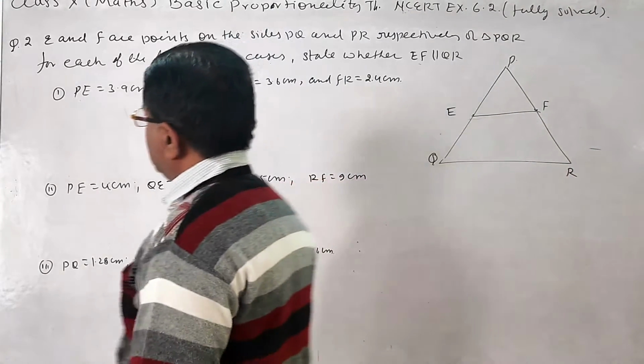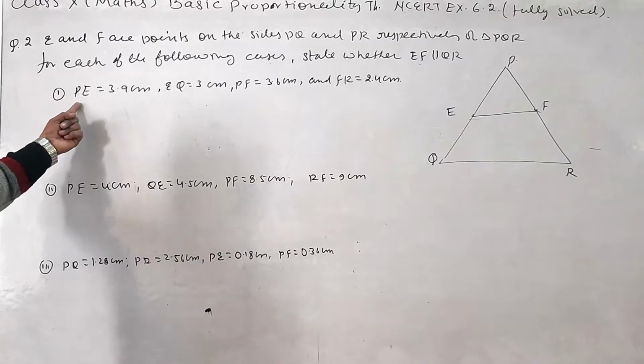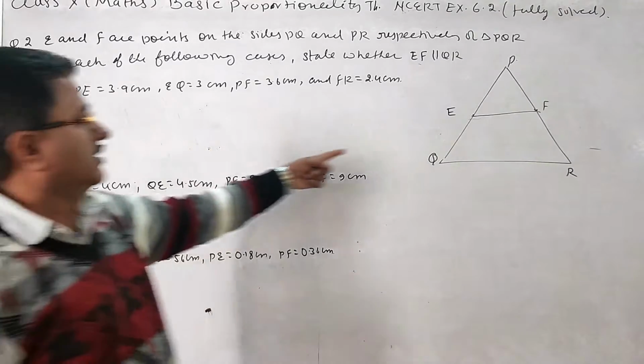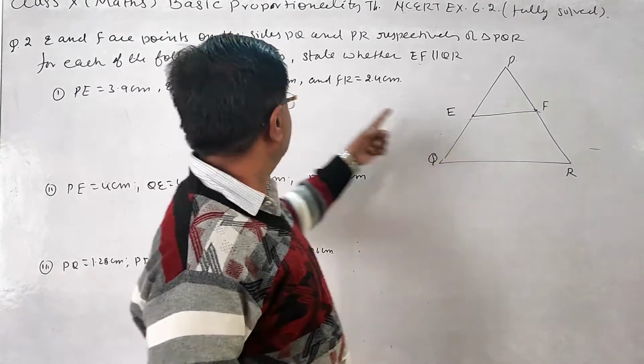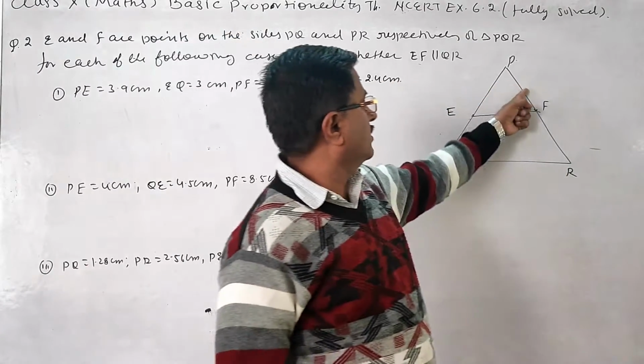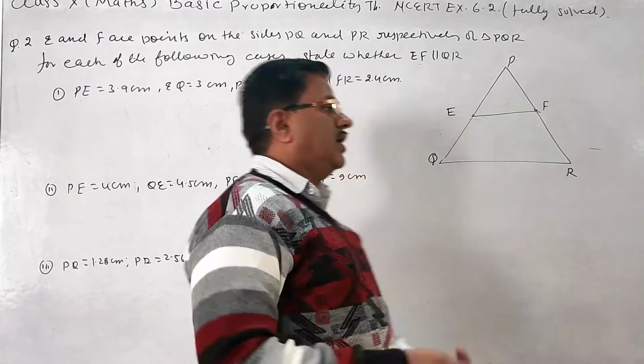If the ratio is proportional, then by the converse of BPT, we can say that EF is parallel to QR. How to check the ratio? That will be according to the given sizes. Suppose PE is given here, EQ is also given, PF is also given, and FR is also given. All four parts are given.